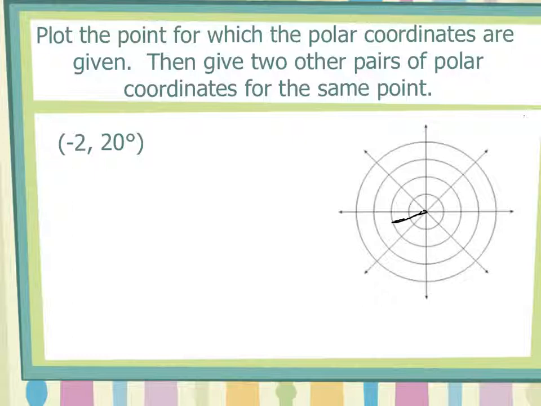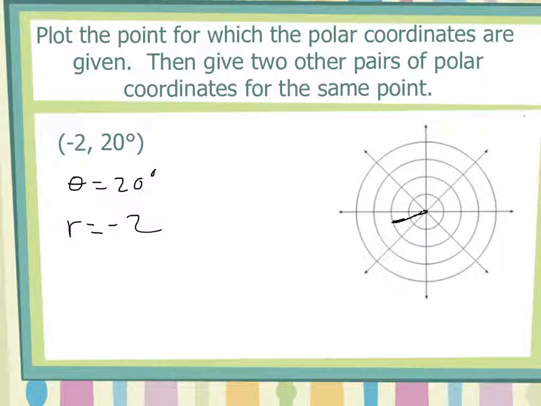It says to come up with some others that would describe the same location. There are going to be more points here that describe this spot. Again, this is with theta equal to 20 degrees. So we'd start from right here, shift 20 degrees counterclockwise, and then r is negative 2, so we go backwards 2 units.